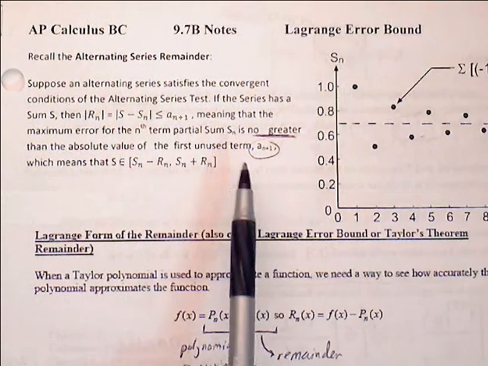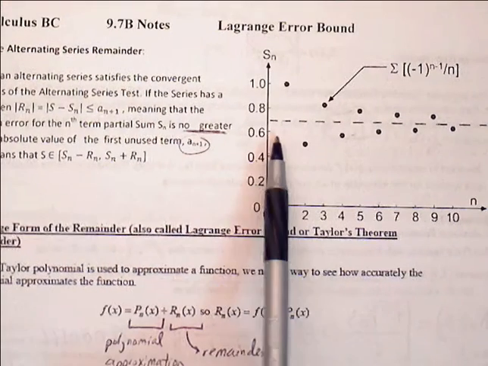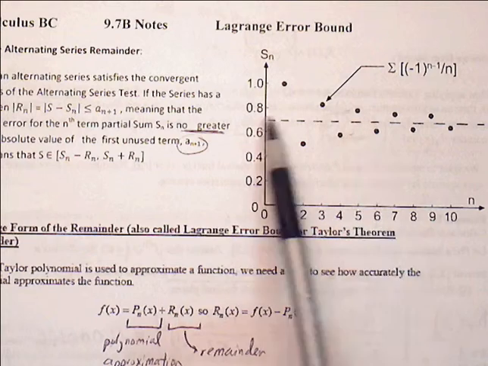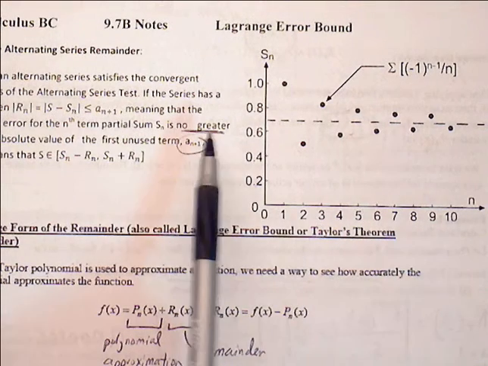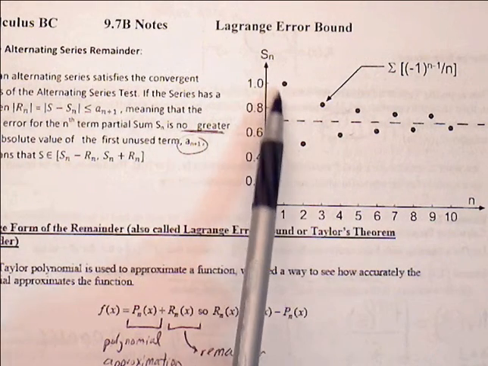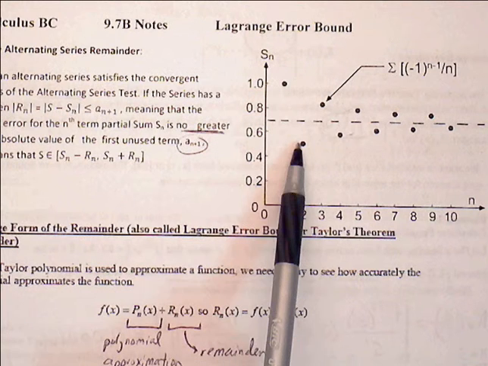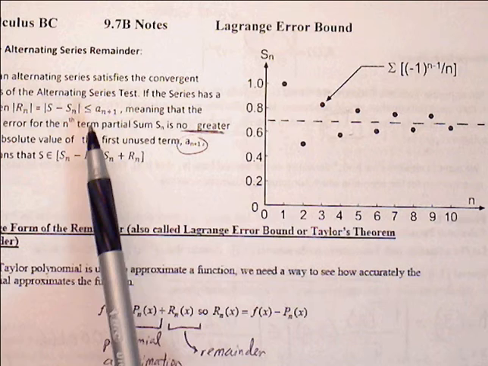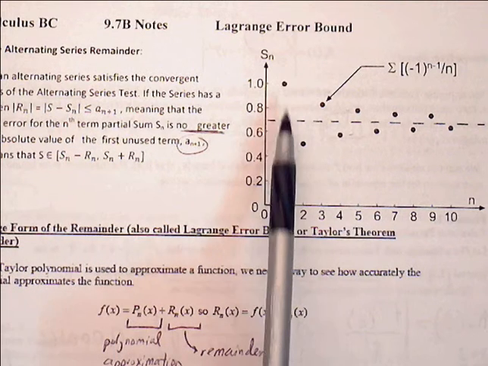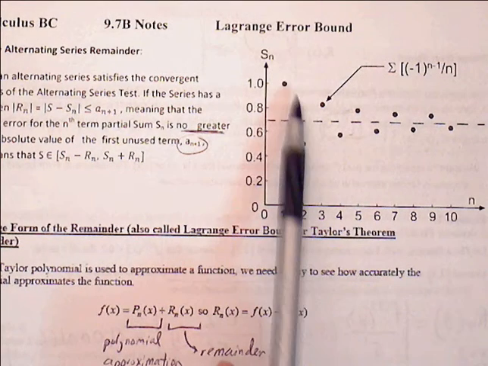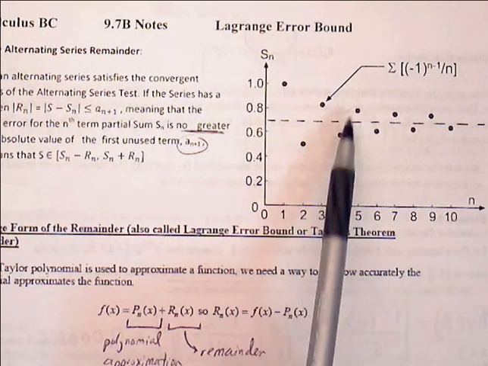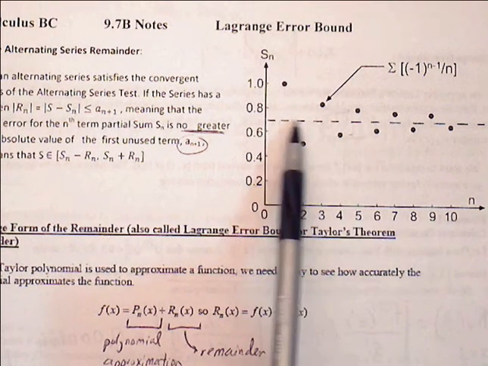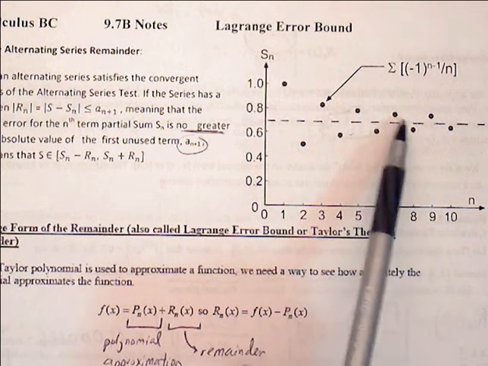And if we look at this diagram, we can see that if we have the actual sum of a function, then as we increase the partial sums, s sub 1, s sub 2, s sub 3, s sub 4, the sum is going to oscillate between above and below the actual sum, but it will get closer and closer to it.